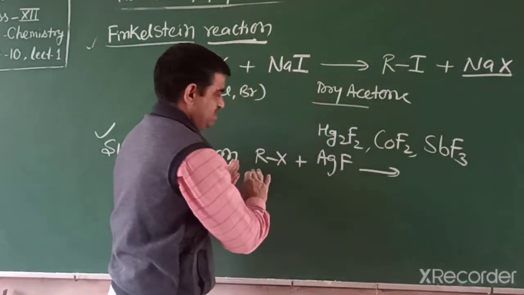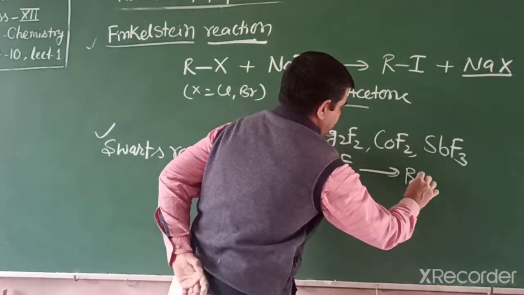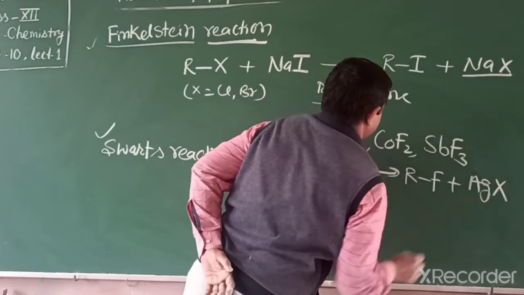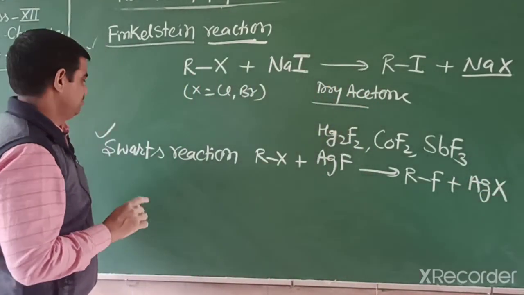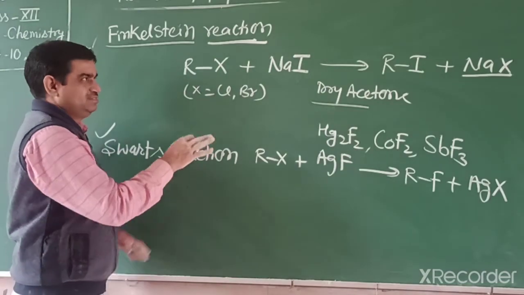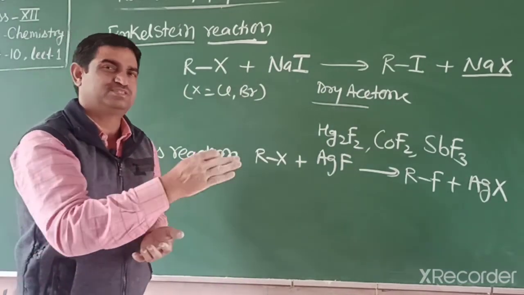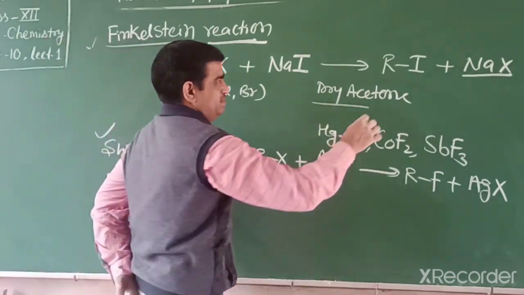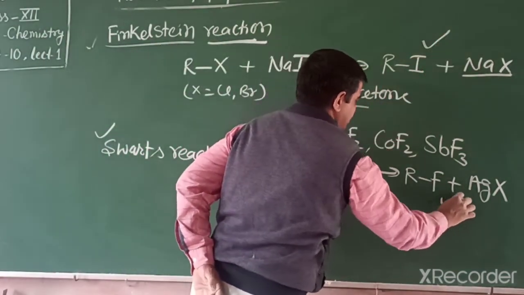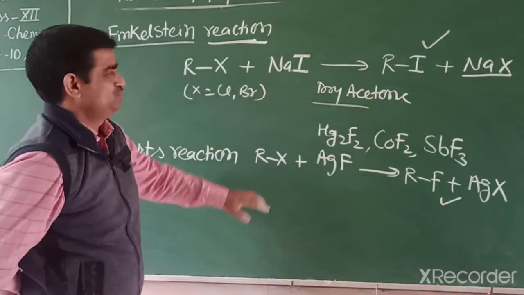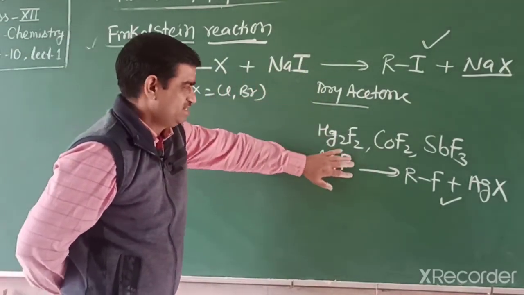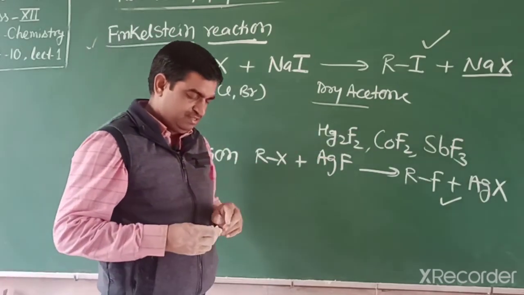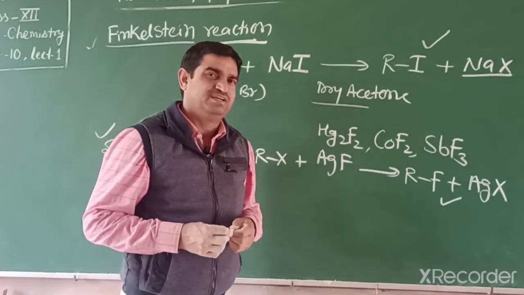Then we get RF and AgX, or the metal halide is removed. This reaction is known as the Swarts reaction. These reactions are halogen exchange reactions. They only exchange the halogen, and we prepare iodide and fluoride. For iodide we use sodium iodide, for fluoride we take different metal fluorides. In this way we can prepare different alkyl halides.